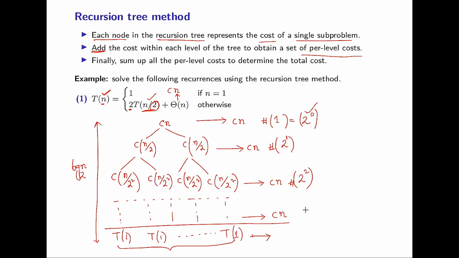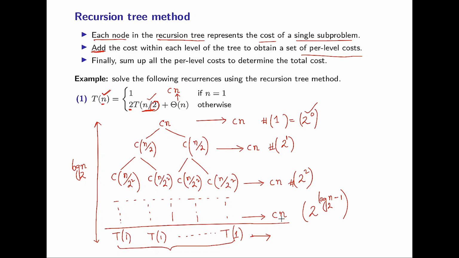So here what will we write? 2 to the power, how many nodes will be there at this level? Okay, second last. So here it will be the height of the tree, log n base 2 minus 1, right? Why minus 1?